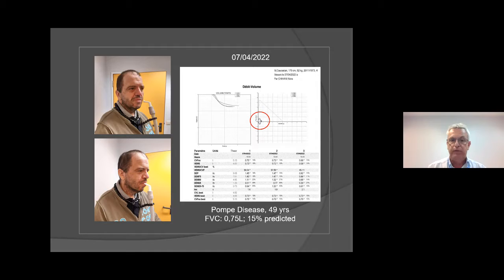This means almost 15% of the predicted value. And you see that man is able sometimes to connect on the mouthpiece and sometimes to disconnect from the mouthpiece. This is very important to show you immediately, because this is the main difference between the nasal mask and the mouthpiece.